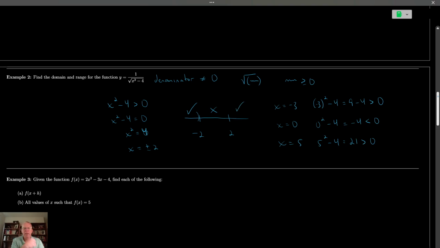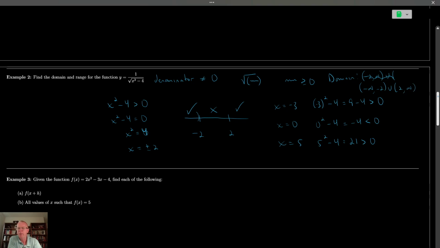So this means that the domain of this is, I didn't plan to do the range here, I guess. The domain is negative infinity to -2, union 2 to infinity.